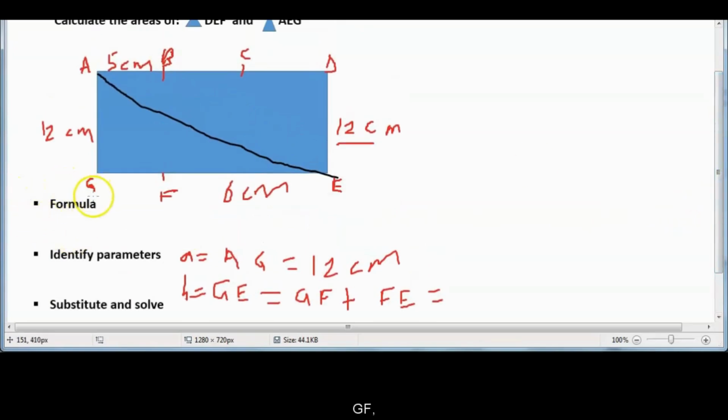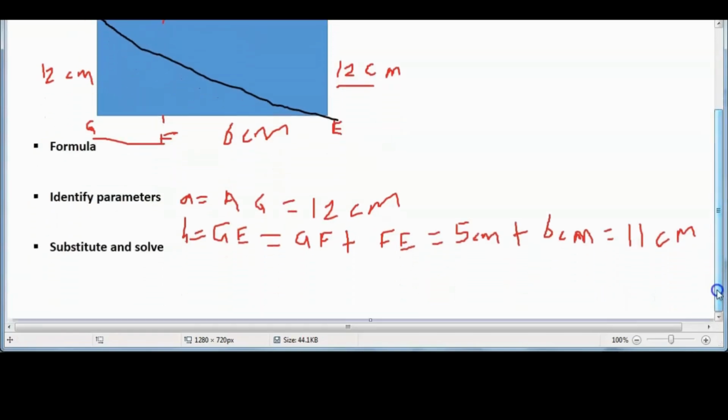GF, the distance from here to here, is the same thing as the distance from A to B, which is 5 centimeters. Plus FE is given as 6 centimeters. We have 11 centimeters. So the parameters are now intact. A is equals to 12 centimeter and B equals to 11 centimeter.